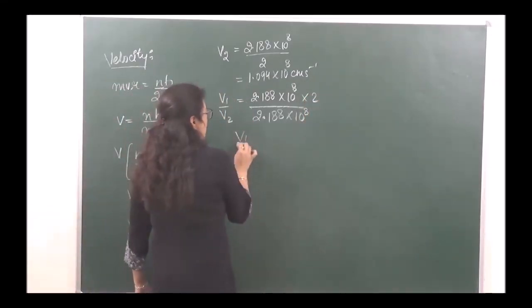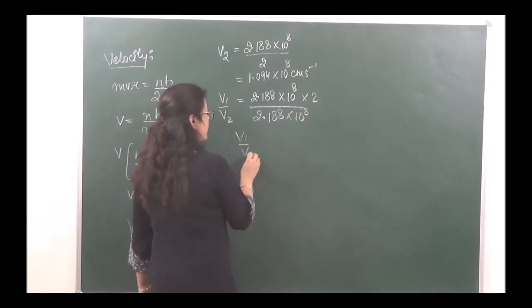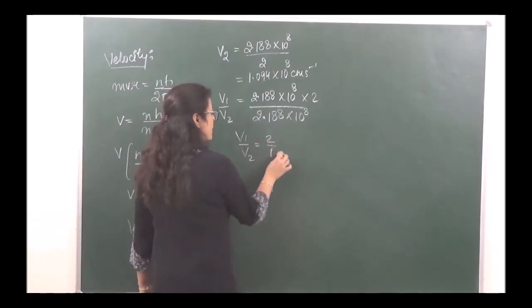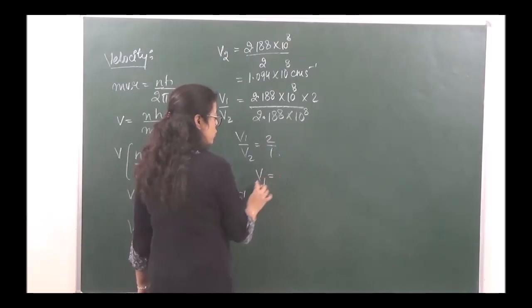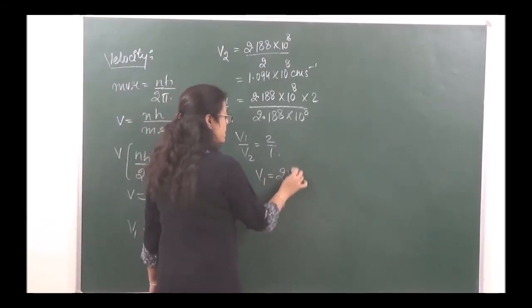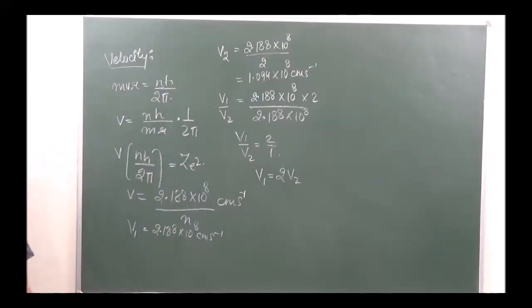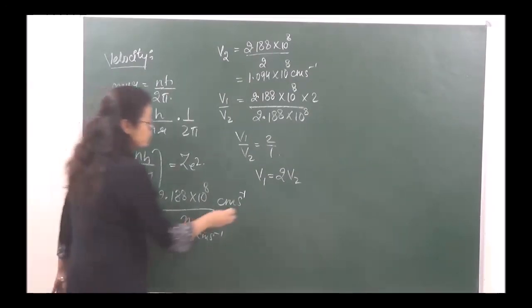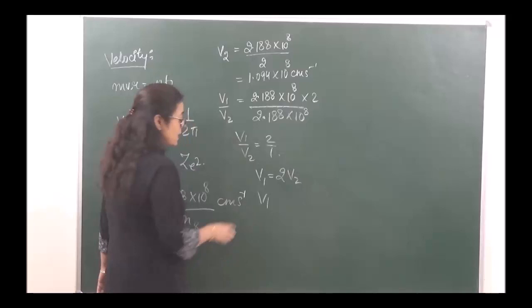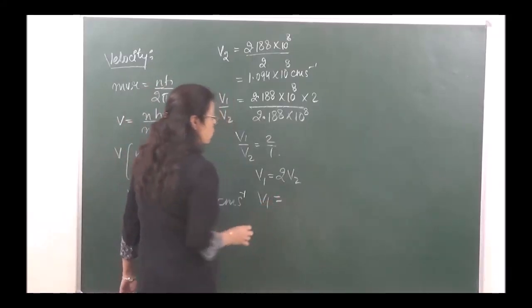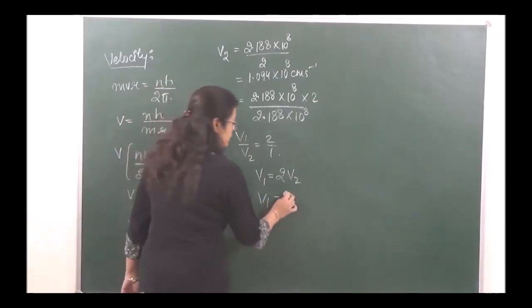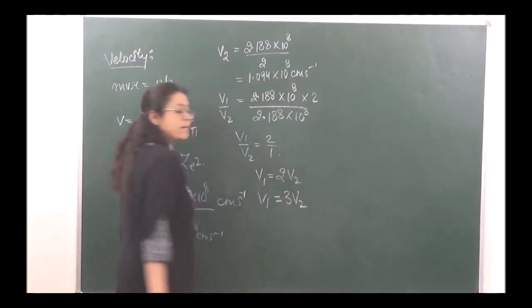So the ratio of V1 upon V2 is equal to 2 upon 1, or the velocity of the electron in the first orbit is twice the velocity of the electron in the second orbit. Okay? And you can calculate the ratio between V1 and V3 also. So if we are calculating between V1 and V3, then V1 will become equal to 3 times V3.